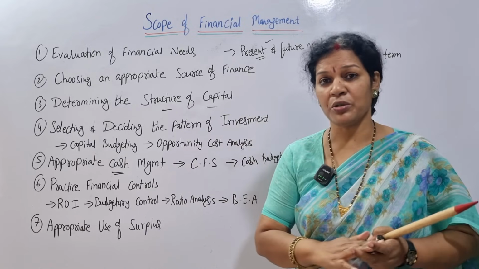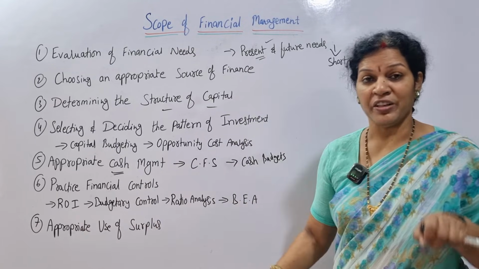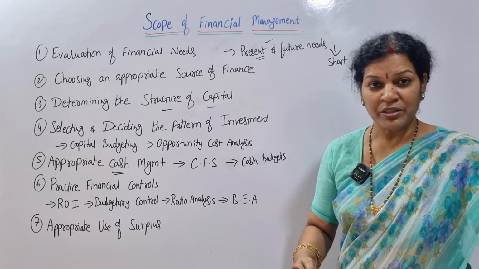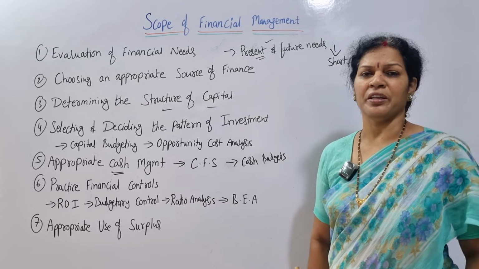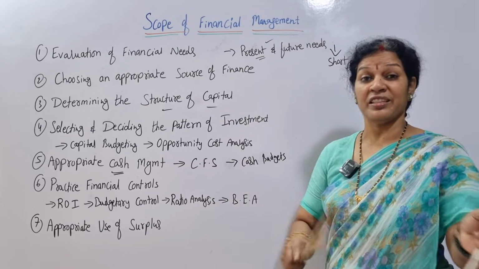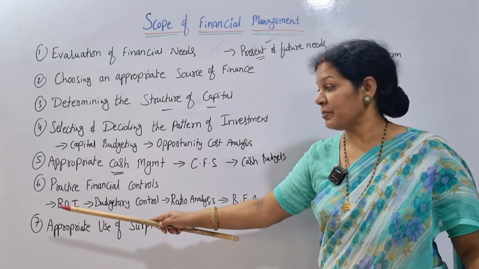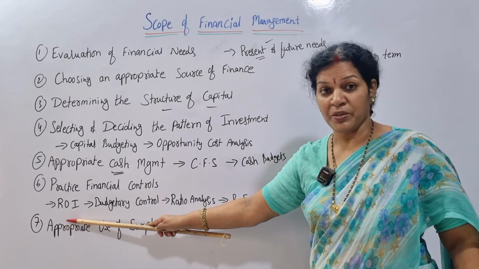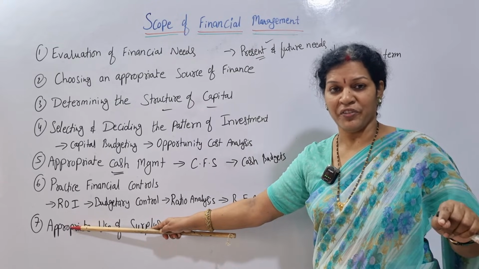There are many ways to control the finance. For example, ROI, return on investment. If I invest say 2 crores, how much return am I going to get every year? First year how much I am going to get, second year, third year, like this. Return on investment, ROI. So this is one aspect where we can control the finance.